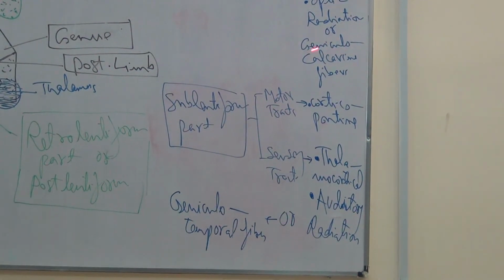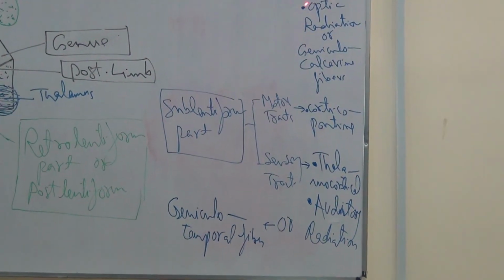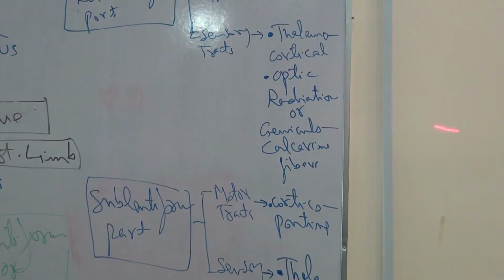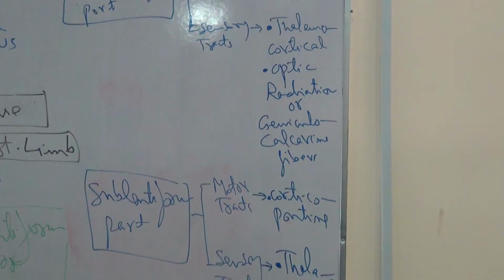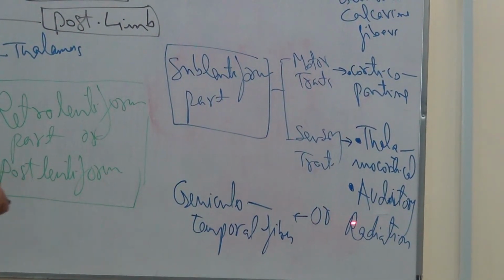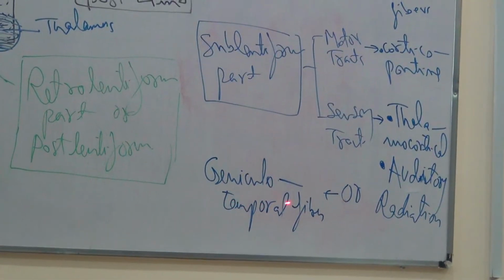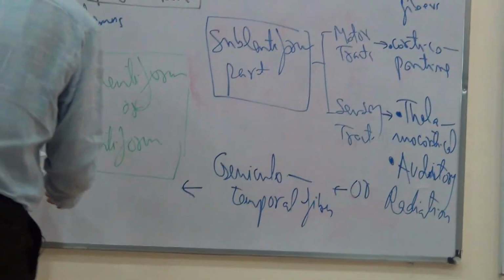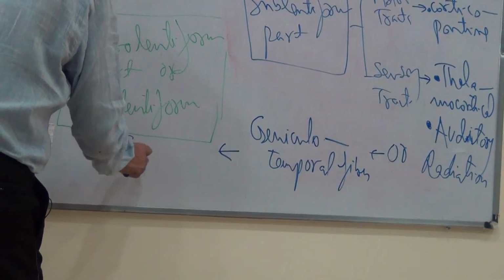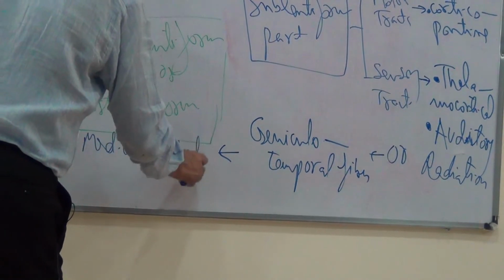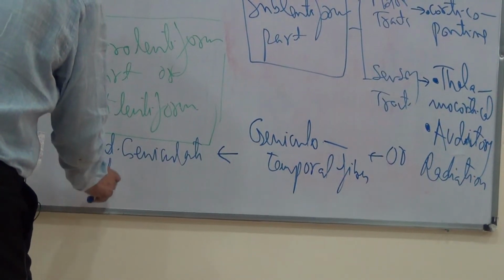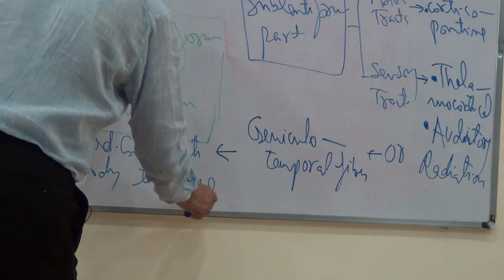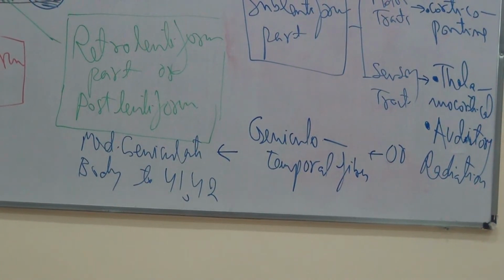Just like geniculo-calcarine fibers, a visual pathway, optic radiation arises from the lateral geniculate body to the calcarine sulcus, where there is the visual center. Here again, in the auditory pathway, the hearing pathway, geniculo-temporal fibers arise from the medial geniculate body to area number 41, 42, temporal lobe, the auditory center.